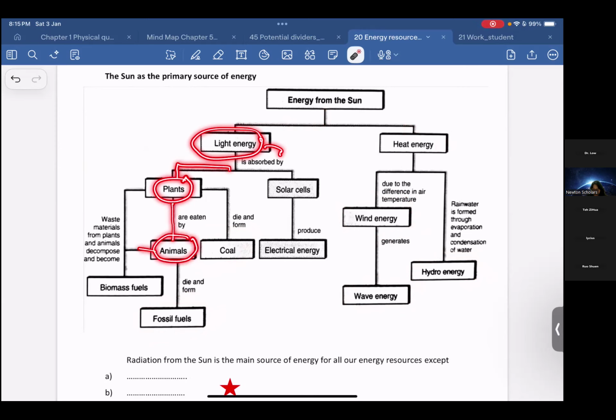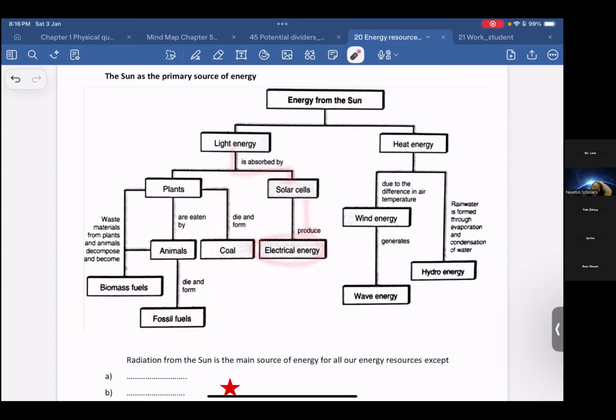When the animal dies, waste material from the plants and animals decomposes and becomes biomass. So biomass power stations actually come from the sun. Then the animal dies and forms fossil fuel, so also from the sun. The plants die and form coal, fossil fuel. Then the light absorbed by the solar cell generates electricity.